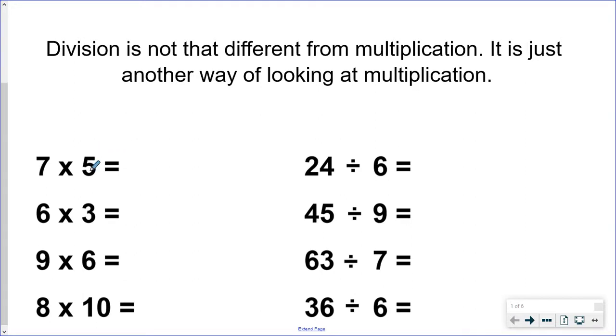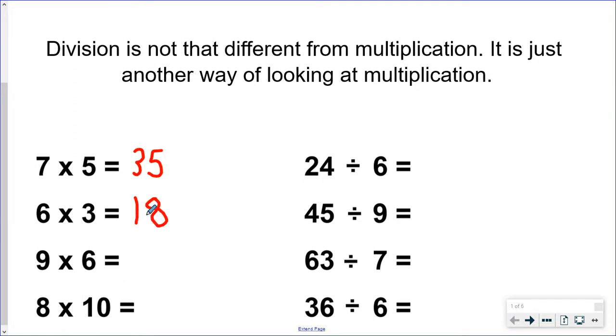So for example, let's take a look at this column over here on the left-hand side. This is very similar to things that we did last chapter. So we would take 7 and multiply it times 5. When we take 7 times 5, hopefully we know the answer is 35. So I'm just going to go ahead and write 35 on the screen. And I just keep going down the list here. 6 times 3 is going to be 18.